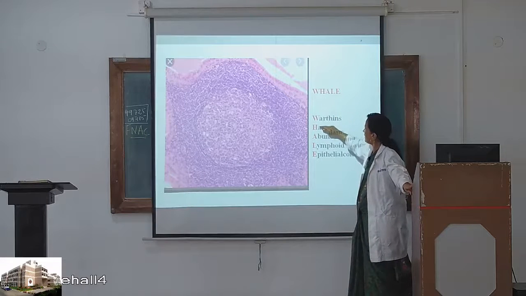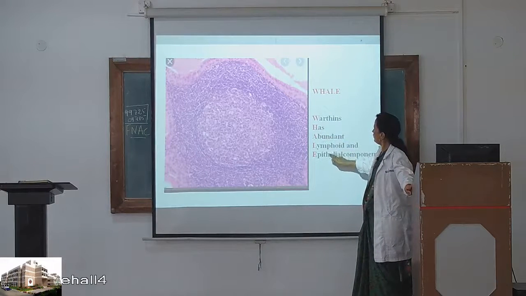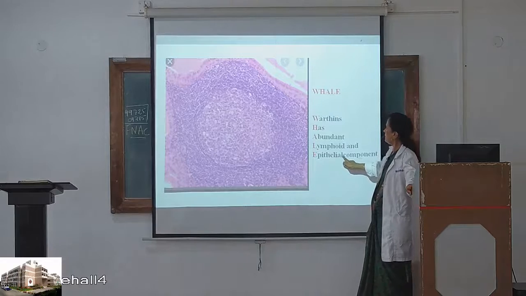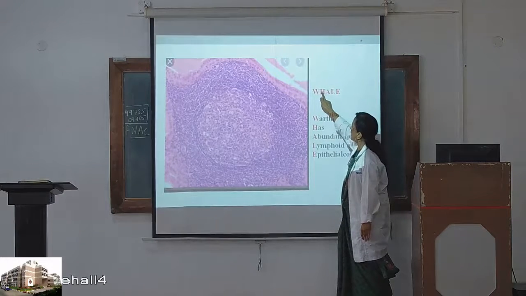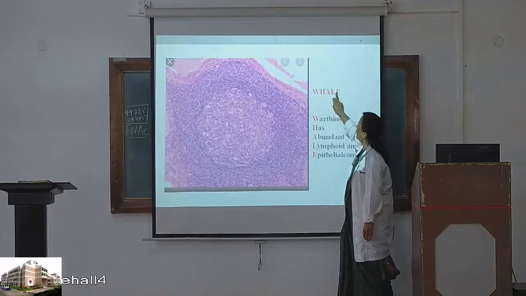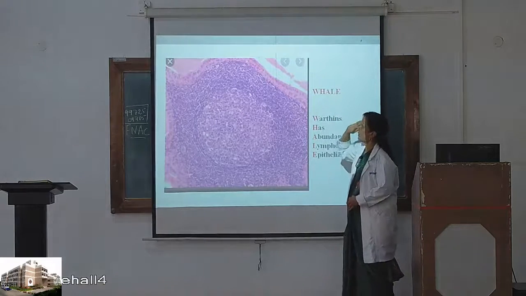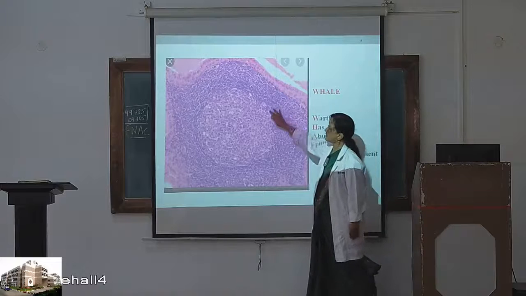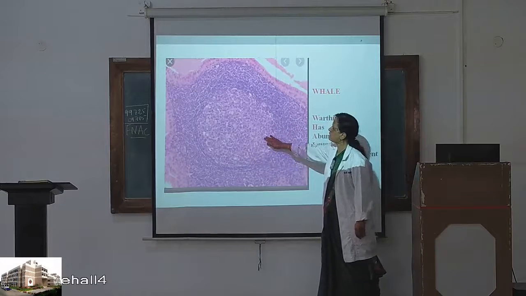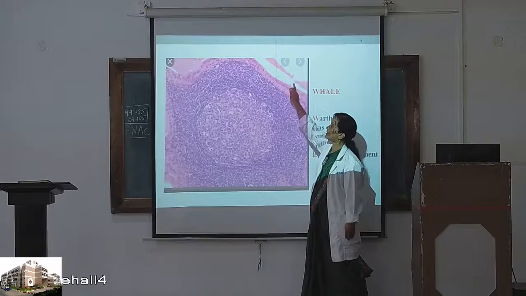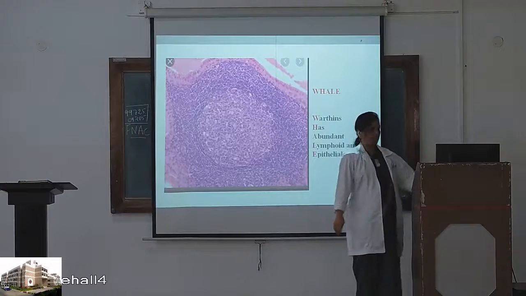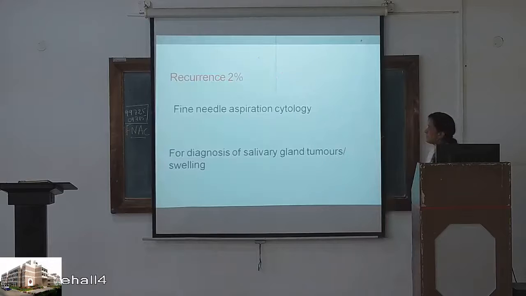Warthin's has abundant lymphoid and epithelial component, if you want to remember. So this is the lymphoid follicle with a very prominent germinal center, the double layered epithelium, the cystic space, and the papillary projection into the cystic space.